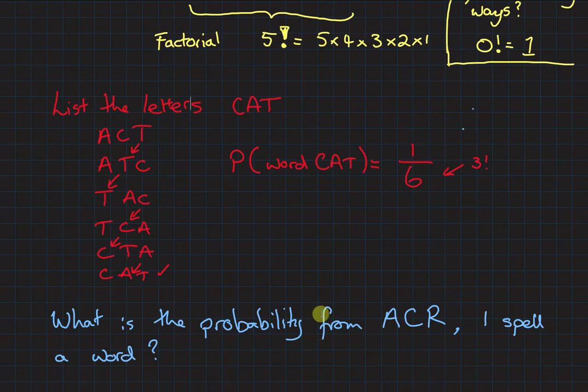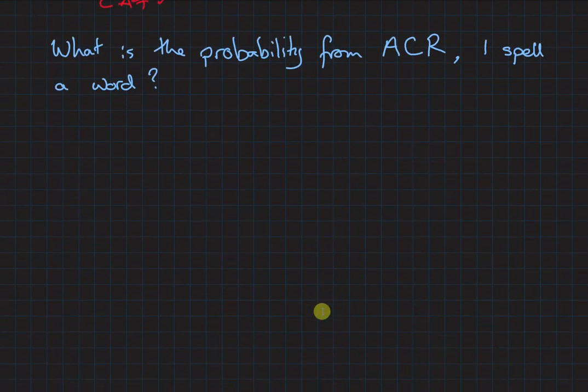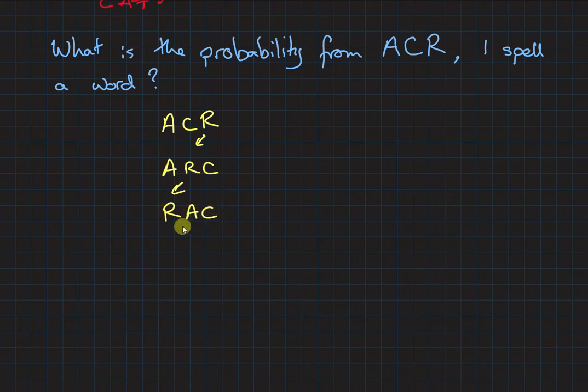So let's do the same thing. Let's do a quick list. What words are there that can work in here? So we'll start with the ACR. Move each letter over. So I've got ARC. Move it over again, RAC. Now I've exhausted the positions for R. Let's move the C's.